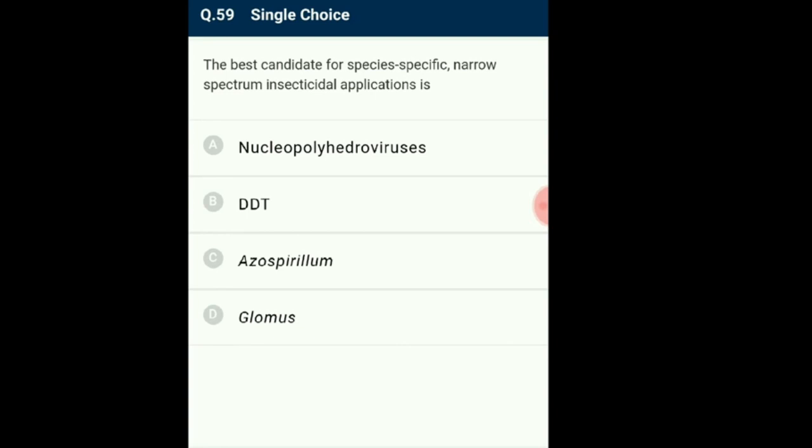This is especially desirable when beneficial insects are being conserved to aid in the overall integrated pest management, generally called the IPM program, or when an ecologically sensitive area is being treated. So the answer for this question is nucleopolyhedroviruses, the best candidate for species specific narrow spectrum insecticidal application. So the correct option for this question is option A.